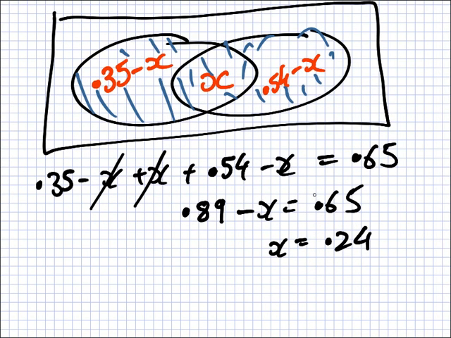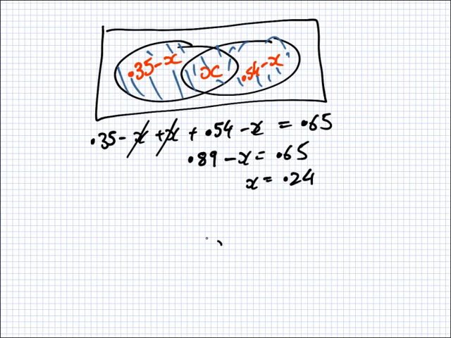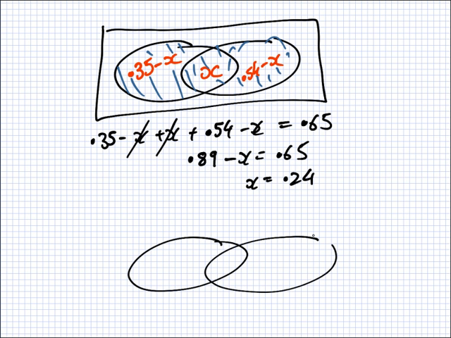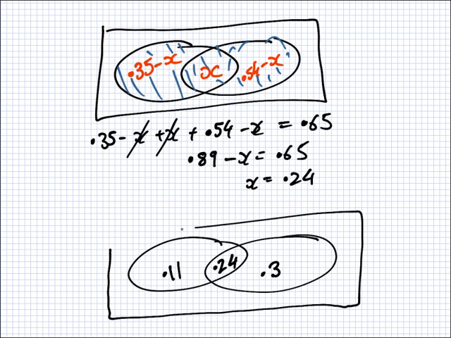Okay, so if you go back to your Venn diagram, you can properly fill it out now. So that's 0.24. What's that? 0.11, and then 0.30. And altogether, what does that make? 0.65. So the outside, which I never actually wrote here, is 0.35.